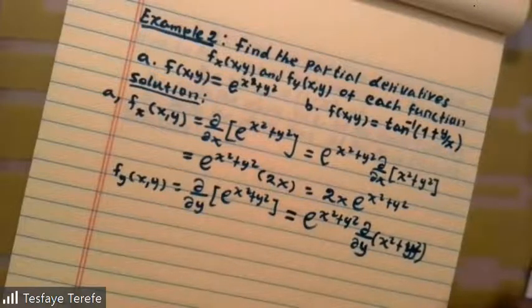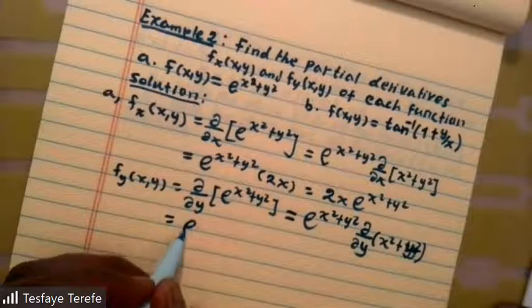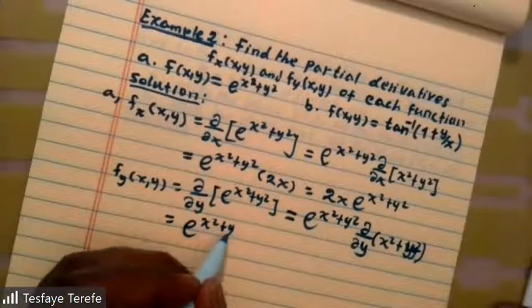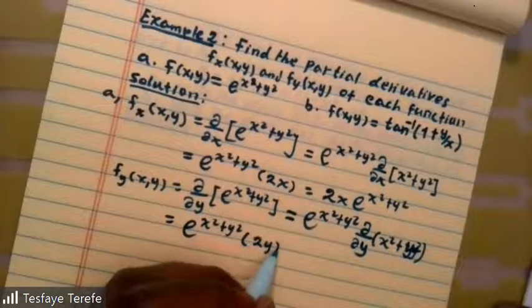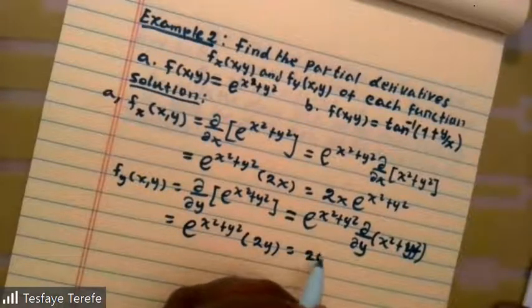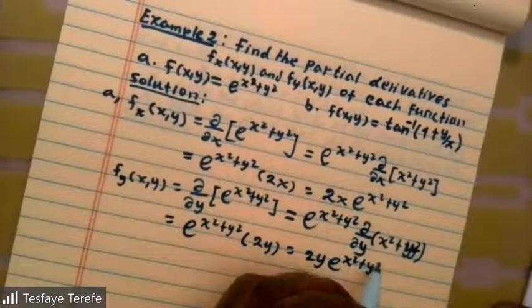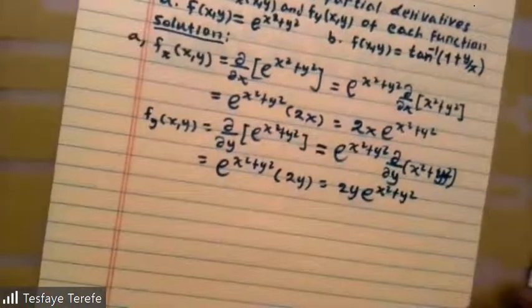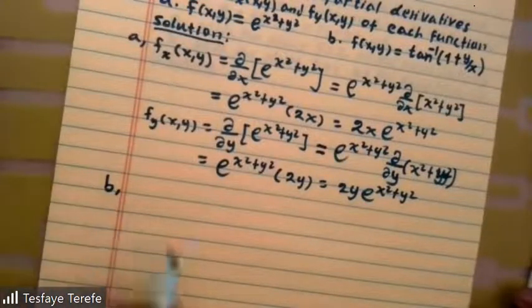Okay, this will be e to the power of x squared plus y squared times 2y. That's it. We're done.